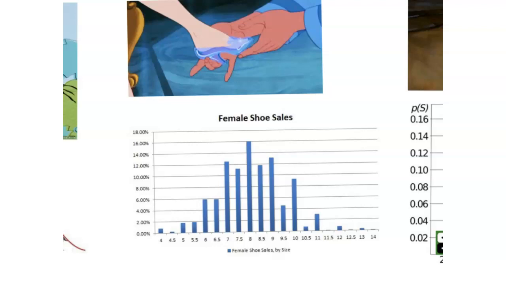You may or may not know a person who has really, really large feet. But you do know a lot of people whose shoe size is about a size 8. This is the average shoe size for a woman.